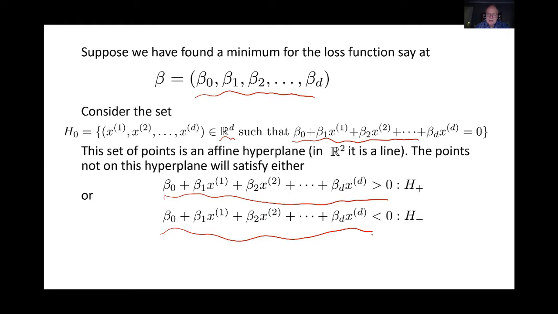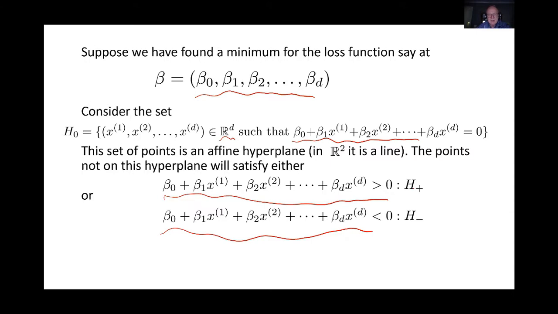And so where it's positive, we're going to get a classification of -1, and for those where it's negative, we're going to get the classification of +1. So it's a little misleading here, but that's the way the logistic function works. So we have achieved what we set out to do. We have found a line. In the case of the plane, it's a line, and in higher dimensions, it's this affine hyperplane, which we can't really draw.